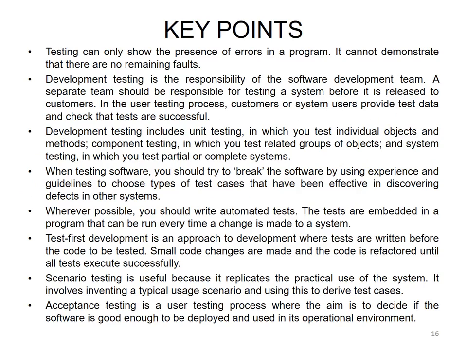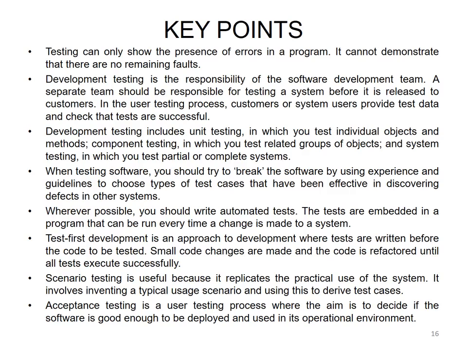Key points. Testing can only show the presence of errors in a program. It cannot demonstrate that there are no remaining faults. Development testing is the responsibility of the software development team. A separate team should be responsible for testing a system before it is released to customers.